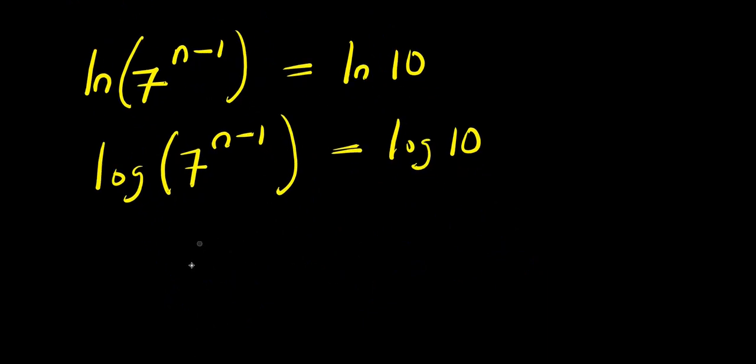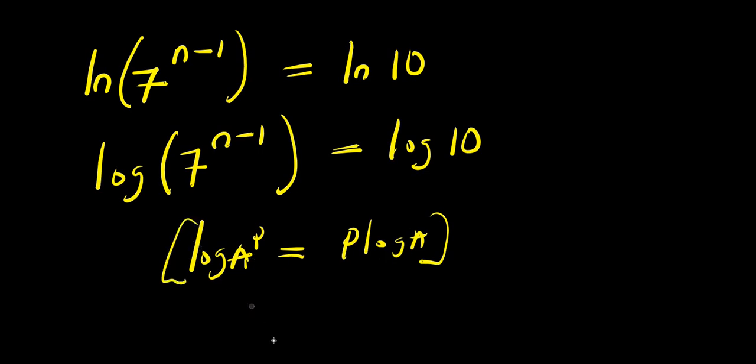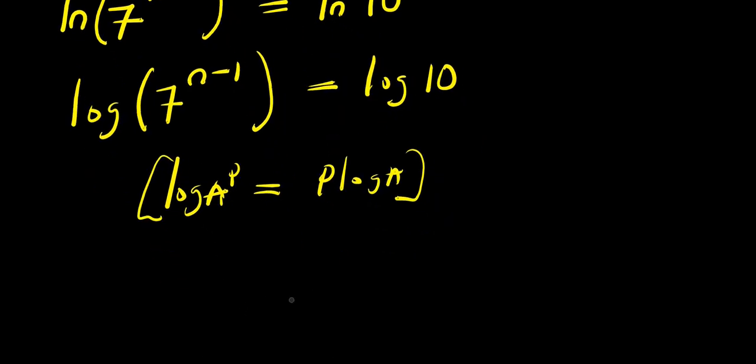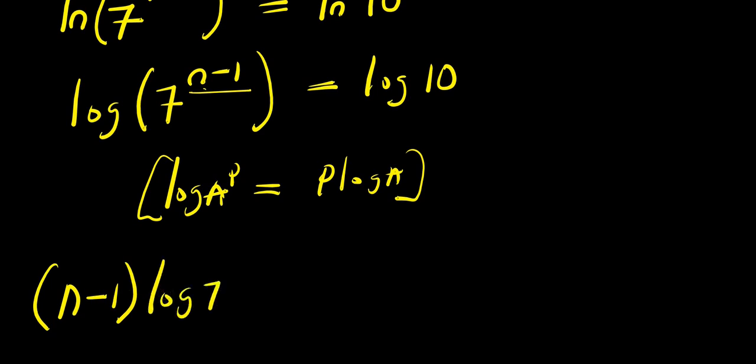So remember this logarithm property. If you have log a power b, this equals b times log a. That means we are going to have this n minus 1 will come behind log, so n minus 1 times log 7 equals log 10.